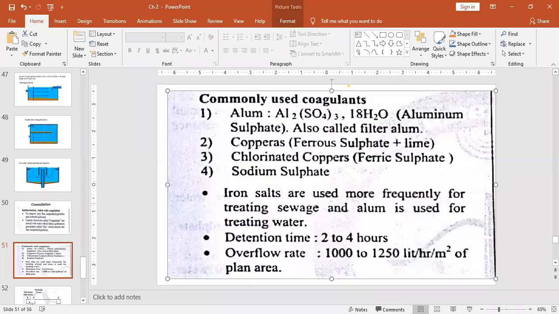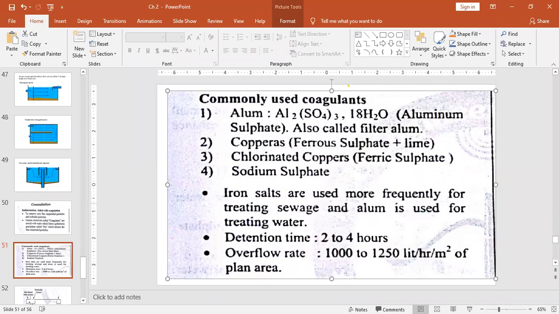Usually different types of coagulants are there, but the commonly used coagulants are listed over here. The first one is alum. The scientific name is aluminium sulfate, and the chemical formula is Al2(SO4)3·18H2O, also called filter alum.